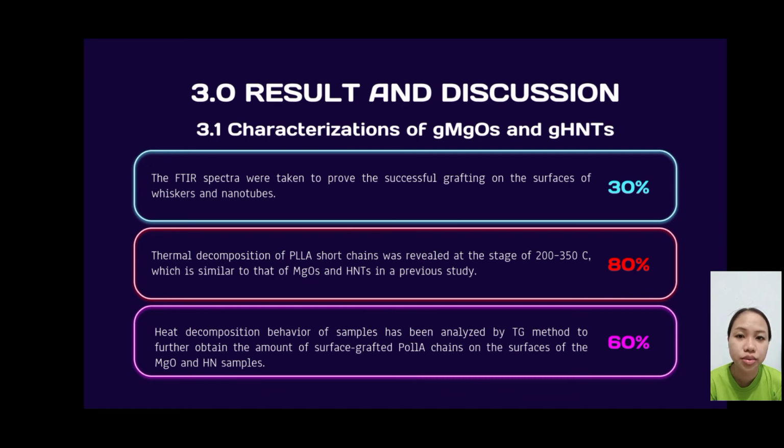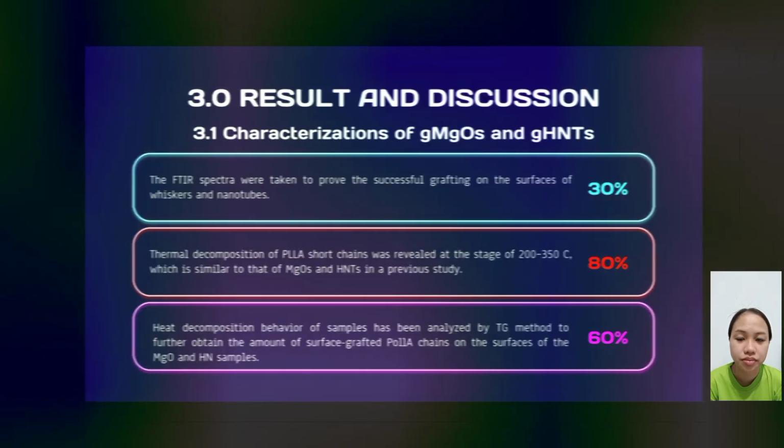Heat decomposition behavior of the samples was analyzed by the TG method to further obtain the amount of surface-grafted PLLA chains on the surface of MGO and HN samples.